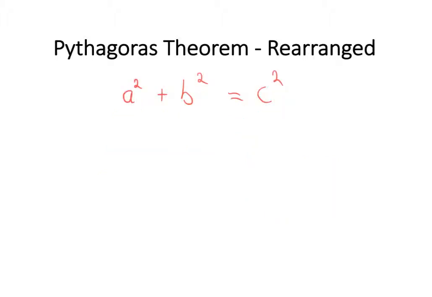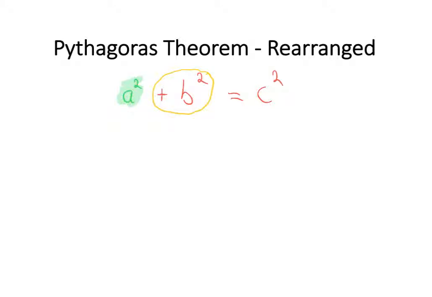Now the general rule works if we want to find the hypotenuse side of the triangle. But what if we want to find one of the other two smaller sides? To do that, we need to rearrange the formula so we have a squared by itself. And to rearrange a squared so it's by itself, we have to isolate it on its own and remove b squared.